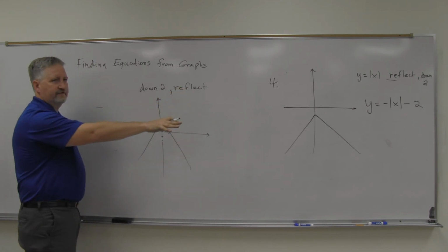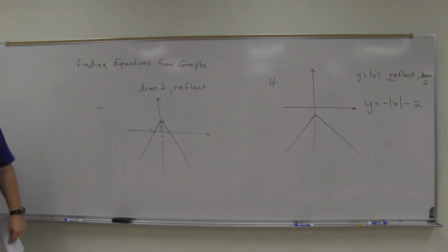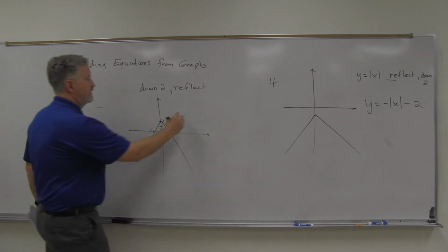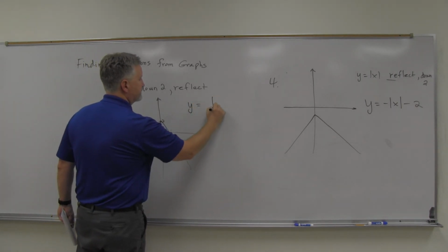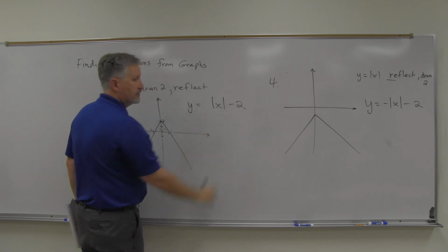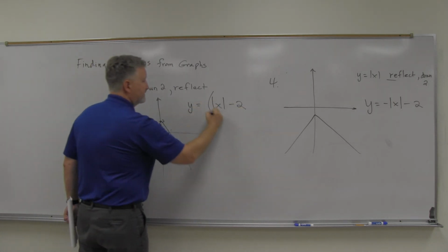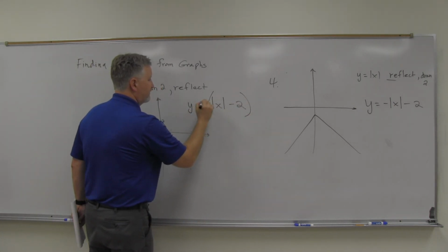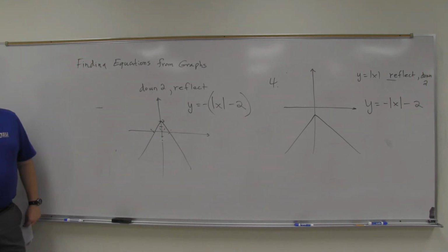So you see you get a different graph, so the order does make a difference there. Just be aware. It makes a difference on the equation too, because if I do down 2 first and then reflect it, I'm reflecting the whole thing, so it actually becomes that. That's not what we got here.